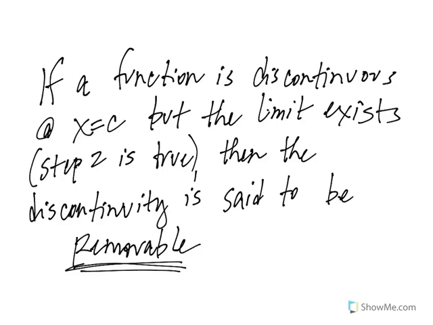So if a function is discontinuous, it fails the continuity proof, but step 2 is true, step 2 works, the discontinuity is said to be removable.